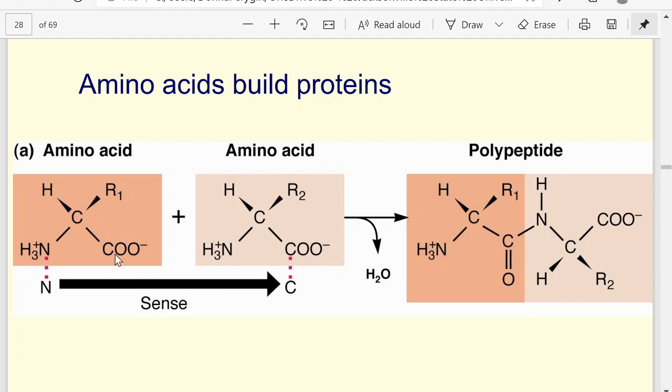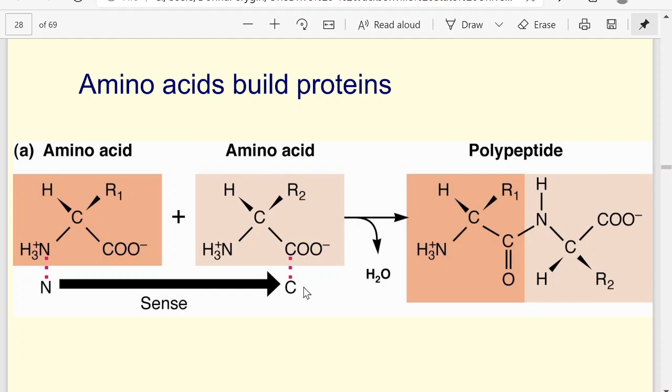One carboxylate is connected to the next amine group in an amide bond, which means that one end of that polypeptide is going to have a free amine, and the other end is going to have a free carboxylate group. Generally we express this by putting the amine end on the left on paper and the carboxylate end on the right.